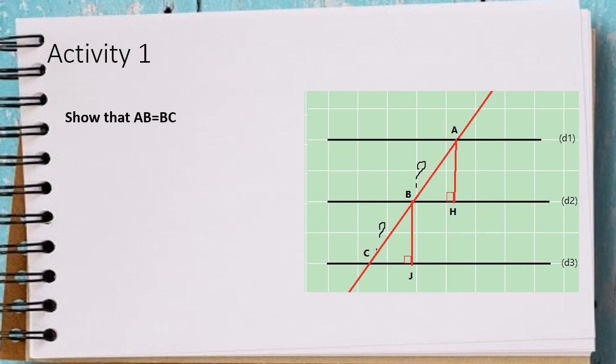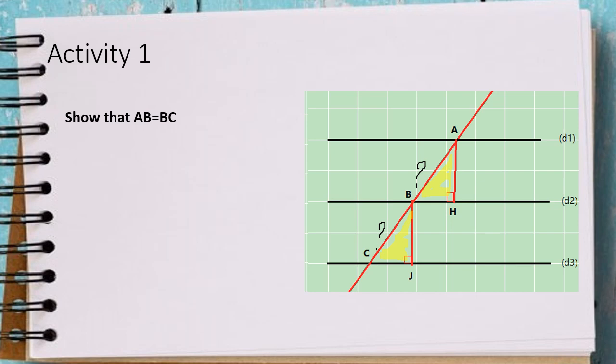We are going to take 2 triangles, prove them congruent, and AB and CB will be the homologous elements in these 2 triangles. As you can see, AB is part of this triangle and BC also. So we want to prove them congruent.